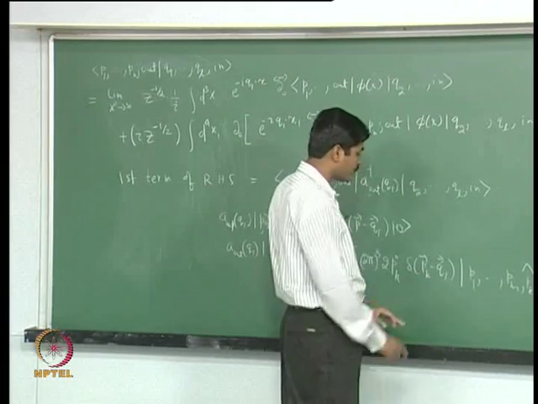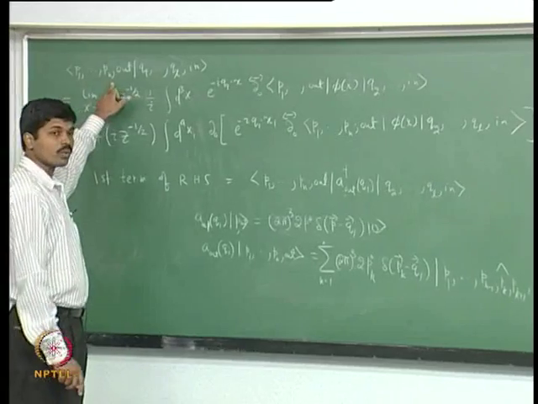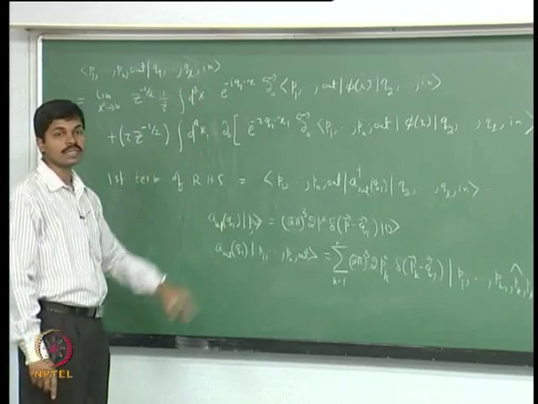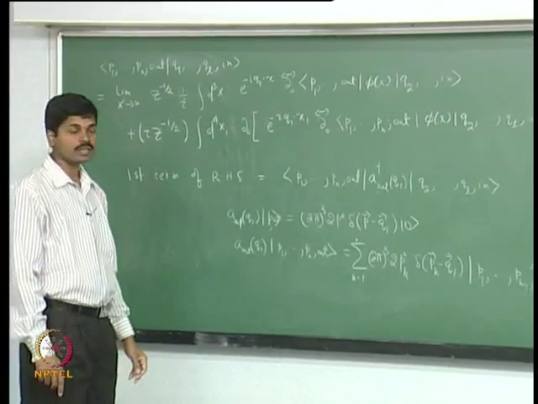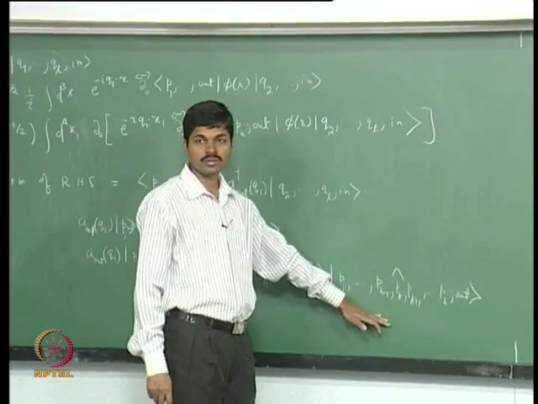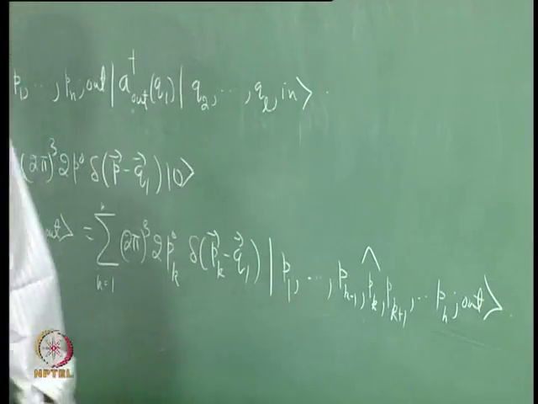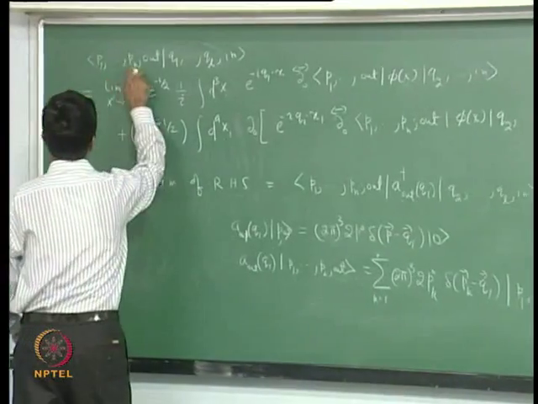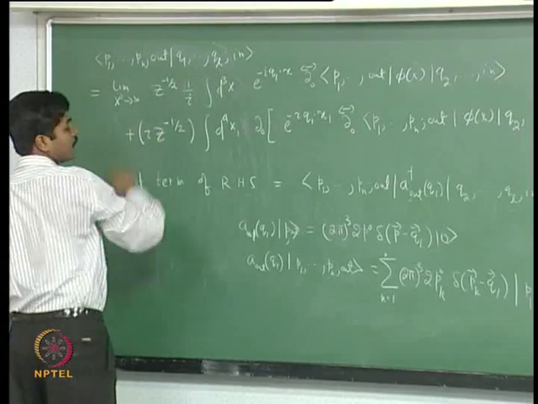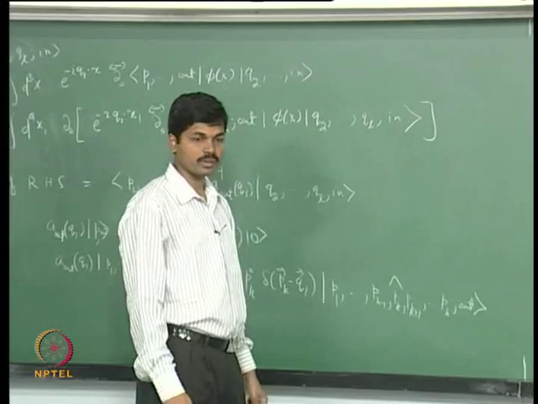On the other hand, if none of these outgoing momenta coincide with any of these incoming momenta, then this quantity will give you a vanishing contribution. So, this will not give you any contribution if any of these do not match with any of these q_i because of the presence of this delta function.